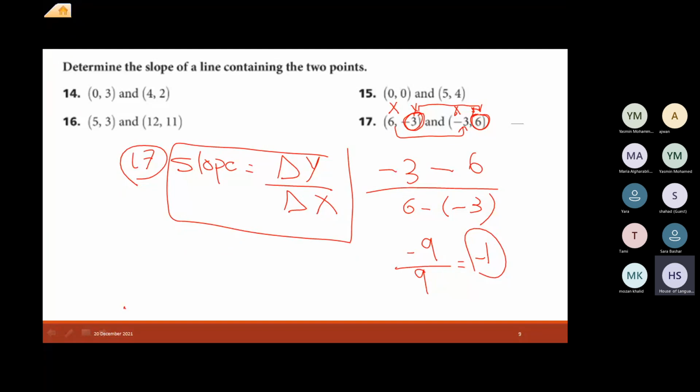So you will say -3 minus 6 over, where is the x? This is the x. And this is the second one. You will say now 6 minus -3. Then -3 minus 6 is -9, or 6 plus 3 is 9. But you have to rewatch the video because we talked about it for more than 40 minutes. So you must watch it and understand more.